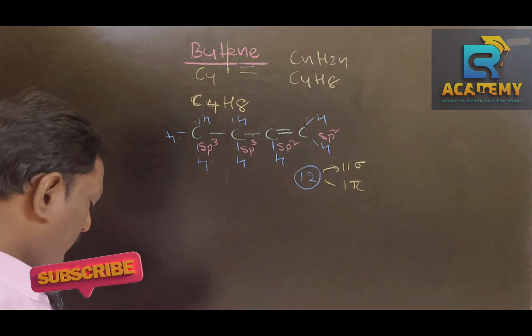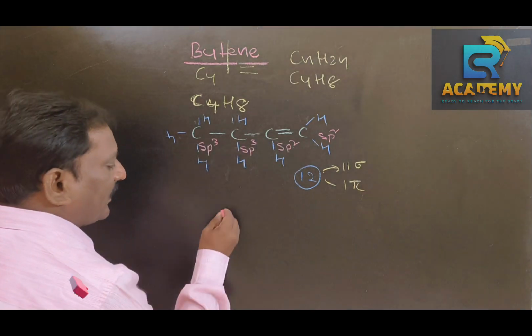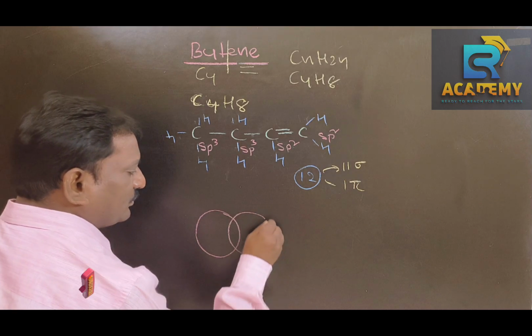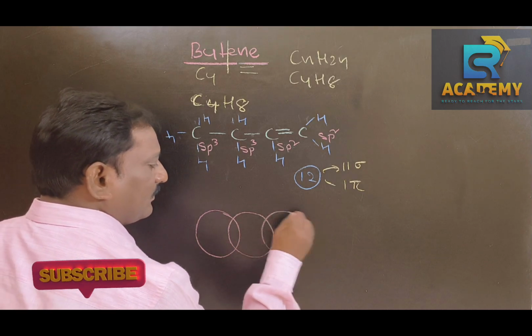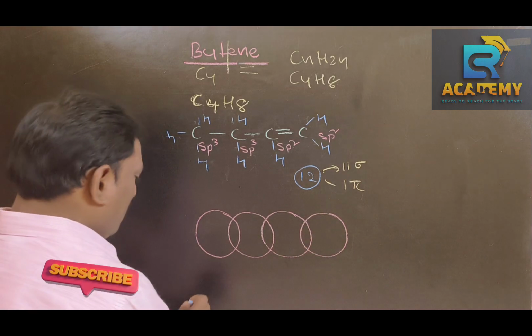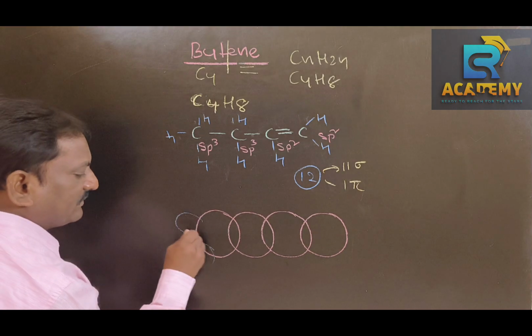Now, Lewis dot structure. For the four carbon atoms, we require four circles. 1, 2, 3, 4. So this carbon gets attached with three hydrogen atoms.